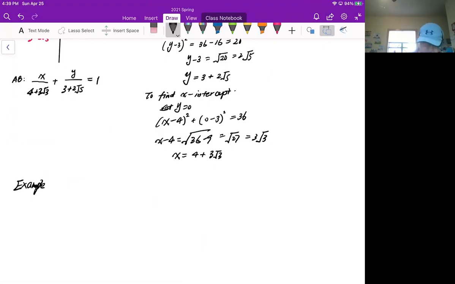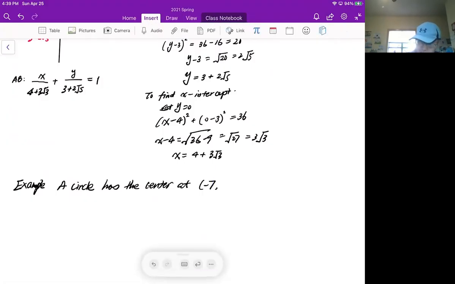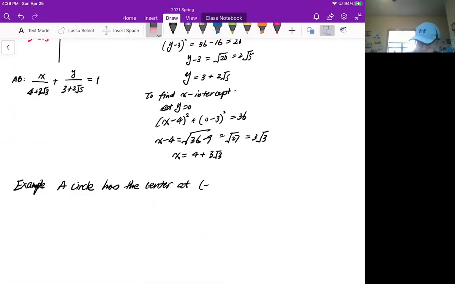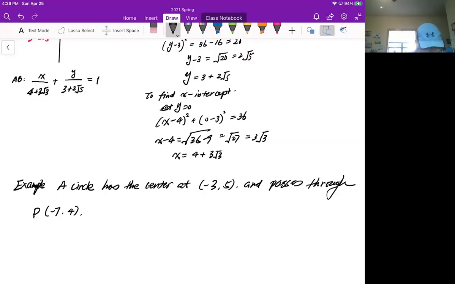Let's say a circle has the center at -3, 5, and passes through a given point, which is -7, 4.